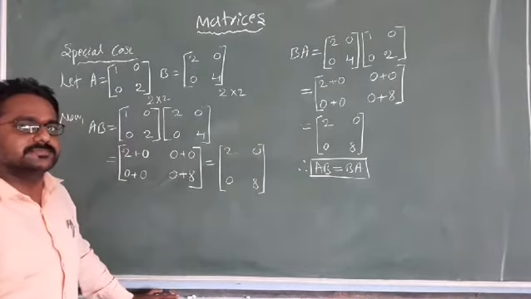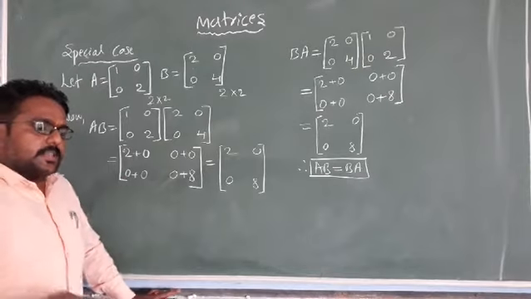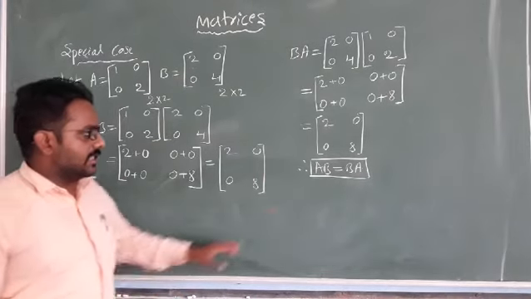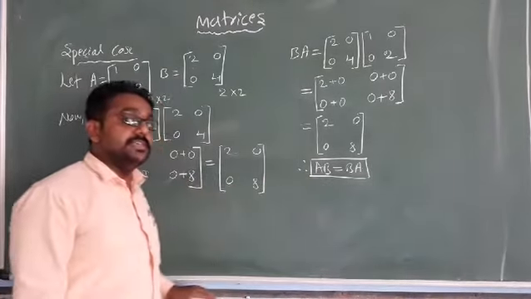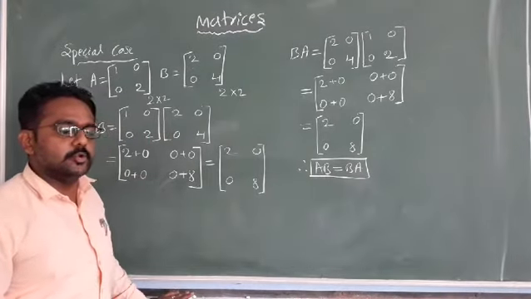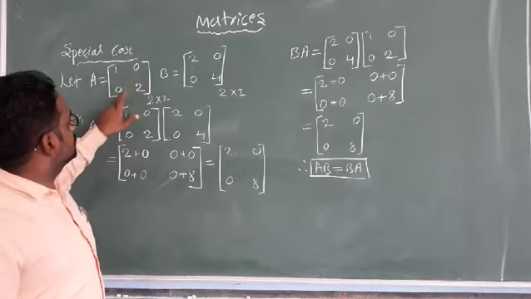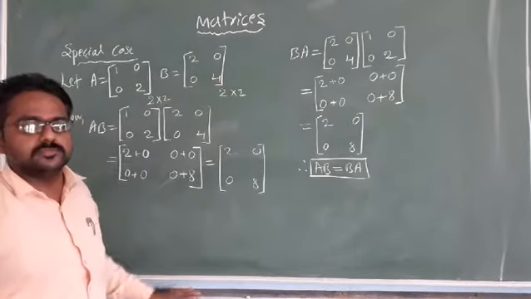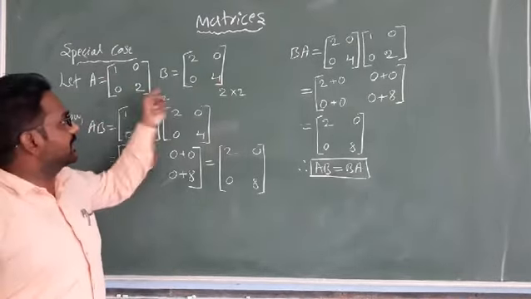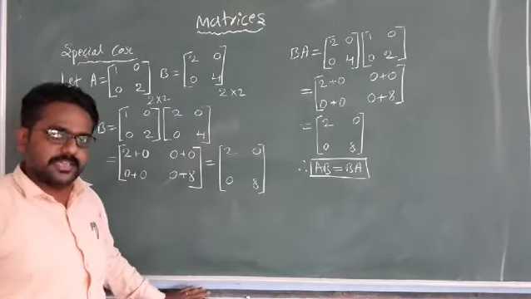Hi students. In the previous session we saw AB is not equal to BA for the given two matrices. But here I consider 1 0 0 2, 2 0 0 4. What kind of matrices have I considered here, students?